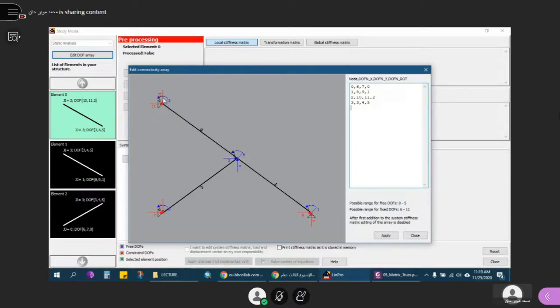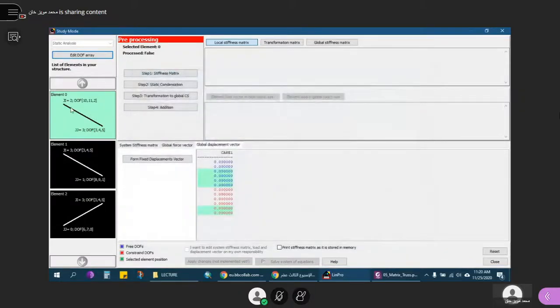Since we rotated the supports clockwise, that's why 10 comes first, 11 second, and the rotation is 2. At node 3 we have 3, 4, 5: 3 is horizontal, 4 is vertical, and the rotation is 5. It is very important to know this sequence of degrees of freedom, because in the same sequence we will have the rows and columns of the local stiffness matrix.